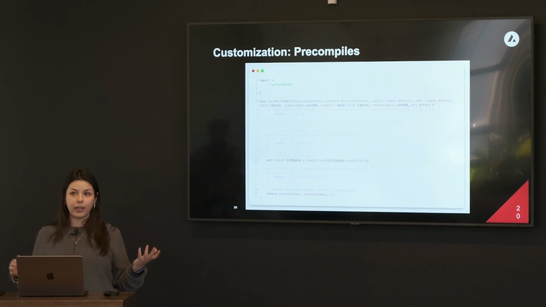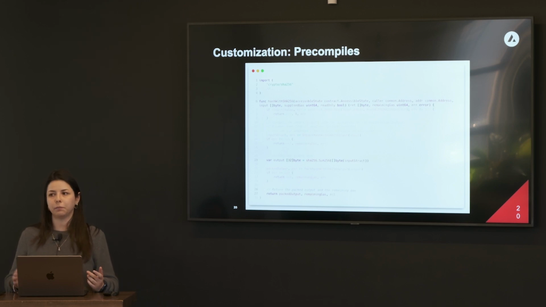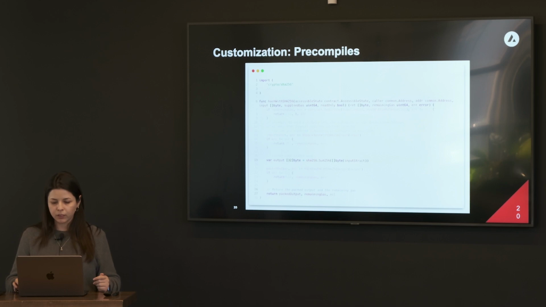But the magic here with Subnet EVM and with subnets is that you can launch any chain that you want, customize it however you want, and then have your own custom precompiles in each of these chains.